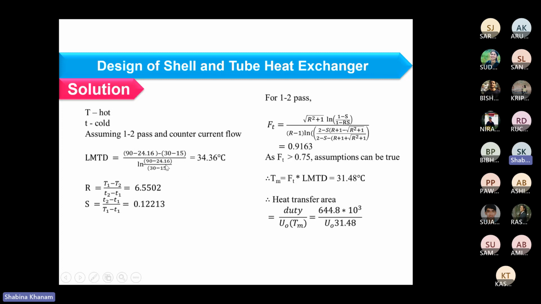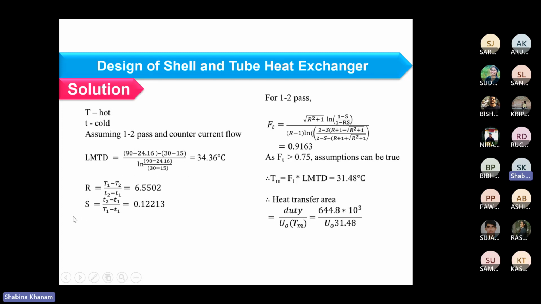Once I have this LMTD, we can calculate R and S values from the given expression which we have discussed in previous classes, and based on this R and S you can find the FT value from this equation. FT value you can also find from the graph, but for 1-2 exchangers the expression of FT is already given.